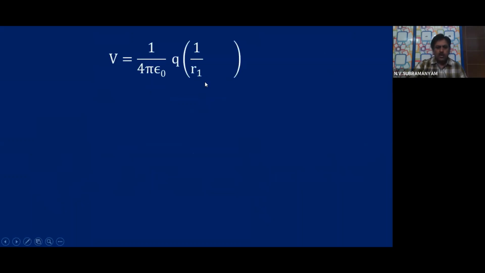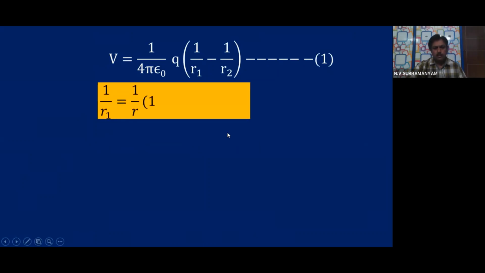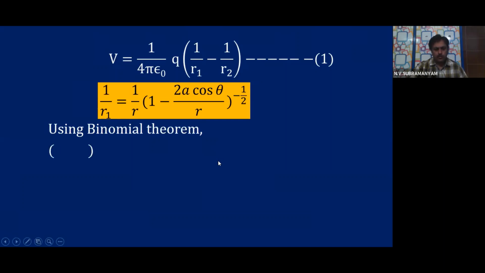So our original equation, don't forget, equation number 1: 1 by r1 is equal to 1 by r into 1 minus 2a cos theta by r power minus half. Using the binomial theorem, we can expand. The actual formula: 1 plus x whole power n is equal to 1 plus nx plus n into n minus 1 by 2 factorial into x square, and so on. This we will apply.